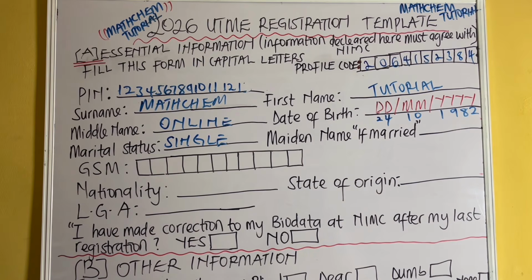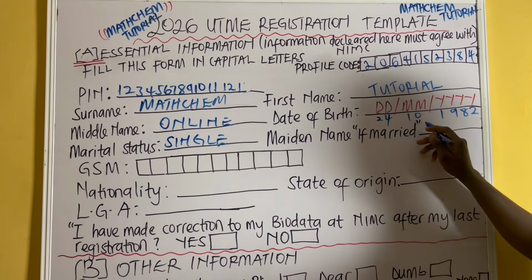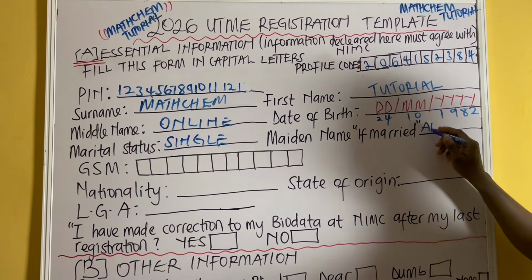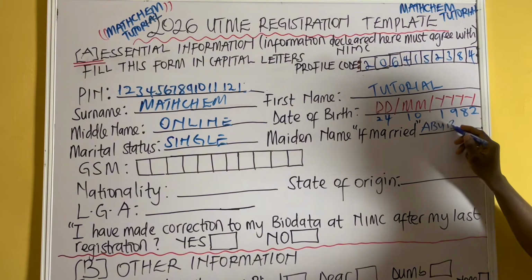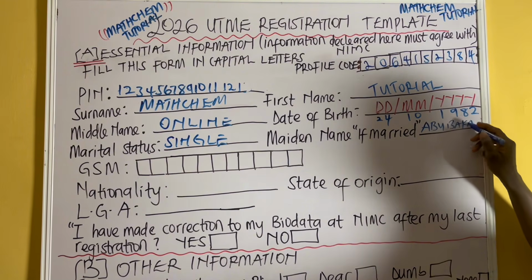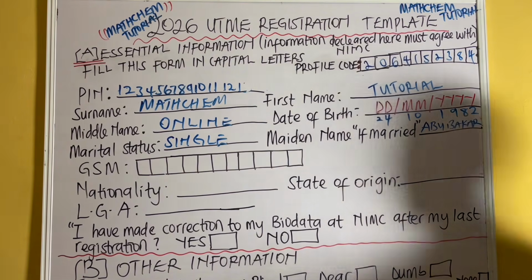Once I got married to Matkem, my name becomes Matkem Aisha, which simply means that Abubakar happens to be my maiden name. So if you are married, then your maiden name is going to be Abubakar. So let me just put Abubakar here. So that's the maiden name.